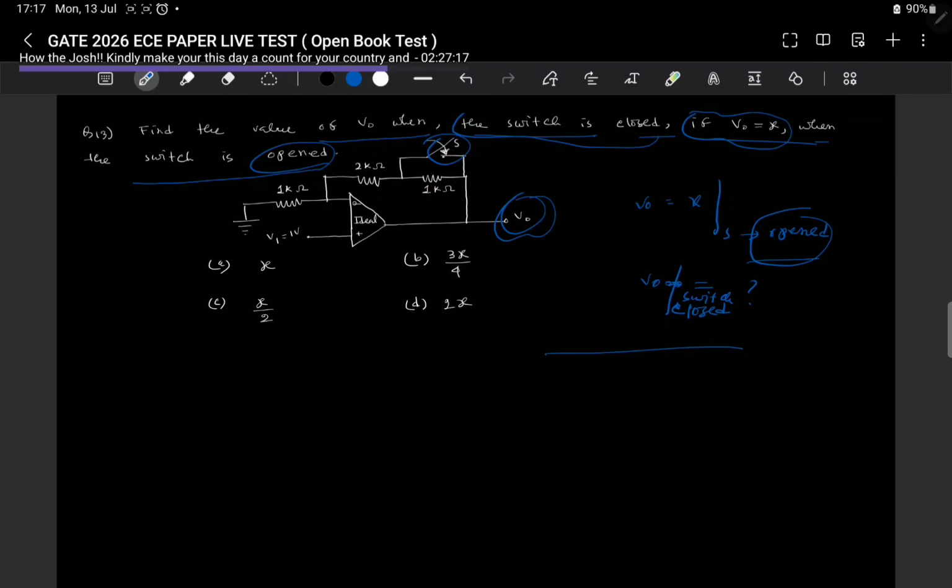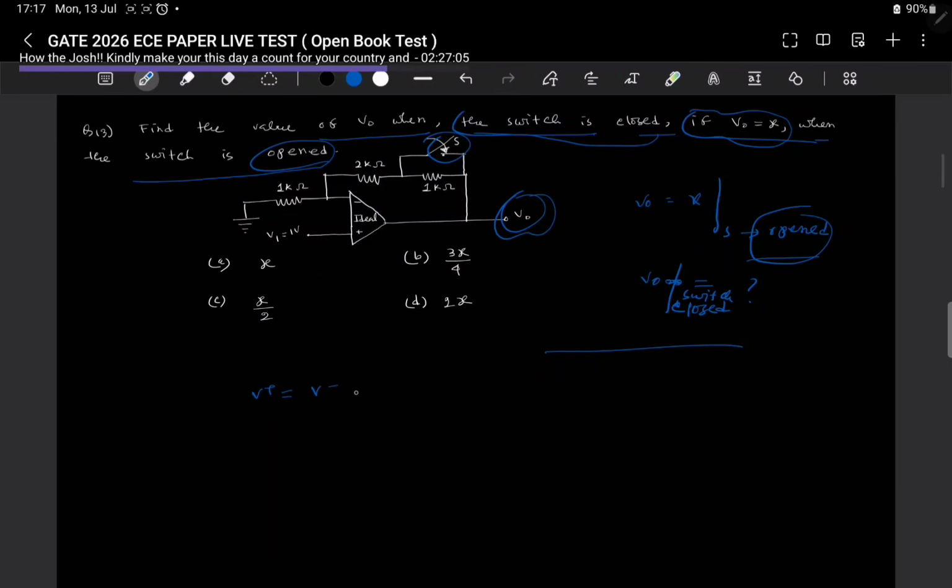Switch is open and it is an inverting op-amp, negative feedback is there. So V plus equal to V minus equal to 1 volt.